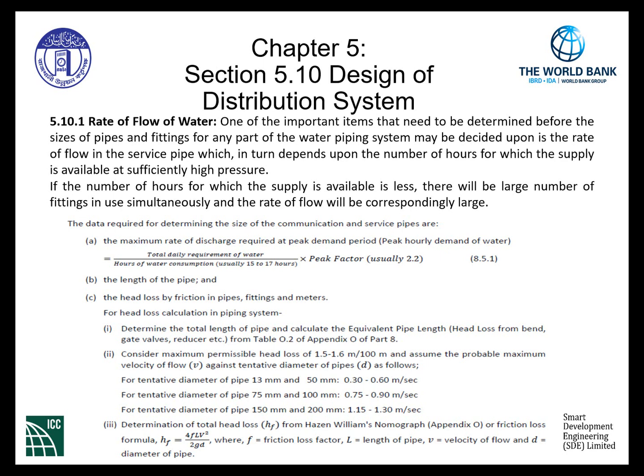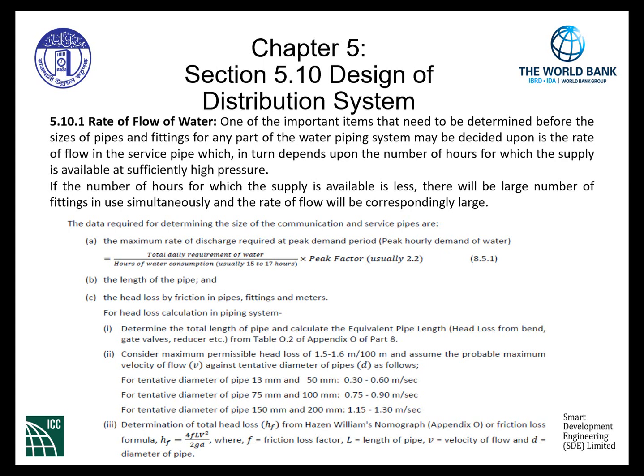Last is the determination of total head loss, given H sub F from the Hazen-Williams nomograph that's located in Appendix O, or friction loss formula, which is indicated accordingly.